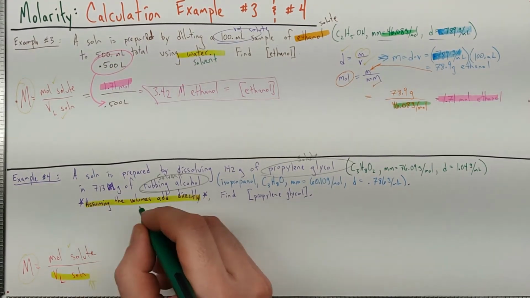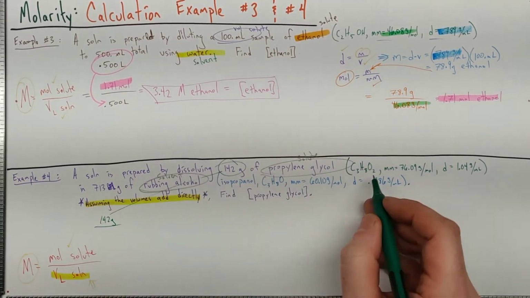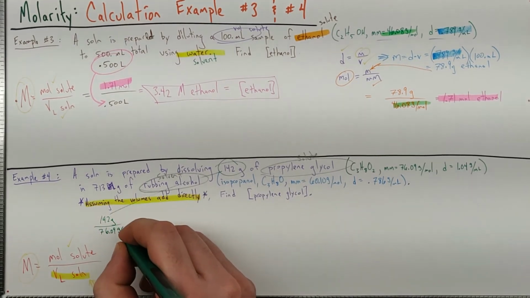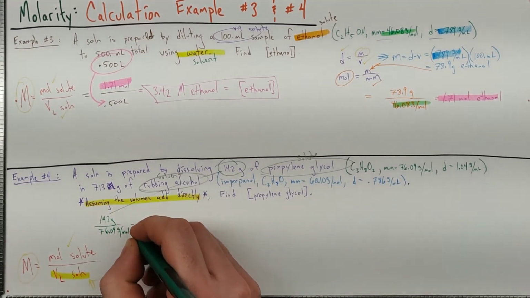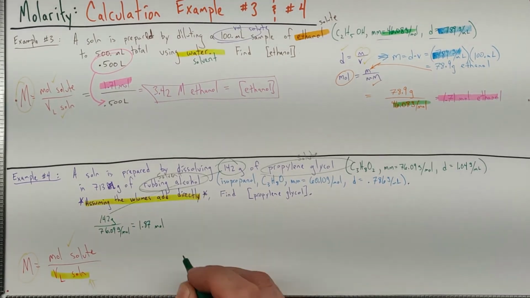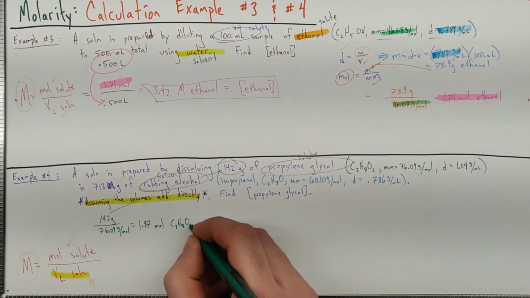We have 142 grams, and we're dividing that by its molar mass, which is 76.09 grams per mole. And we end up with 1.87 moles of propylene glycol, C3H8O2.